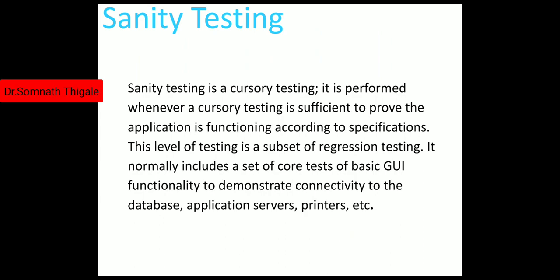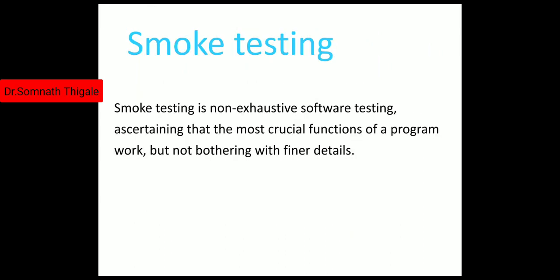As one example, take 4 modules A, B, C, D, and you find a problem in module B. You reported it back to the developer team, and the developer team has made changes in module B. Now when you integrate module B with the rest of the modules, whether it is going to make any change in other modules or not, that type of testing we call sanity testing. So it normally includes a set of core checks like basic GUI functionality, connectivity to the database, applications, servers, printers, etc.